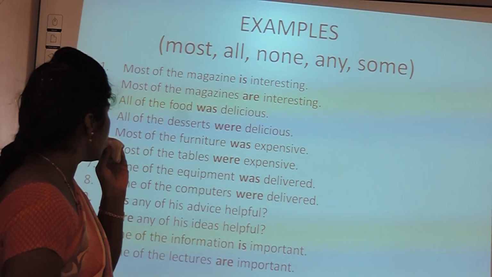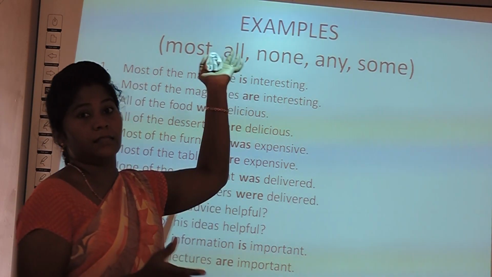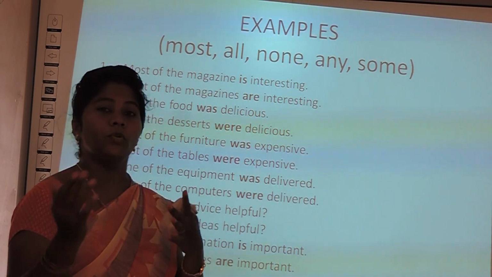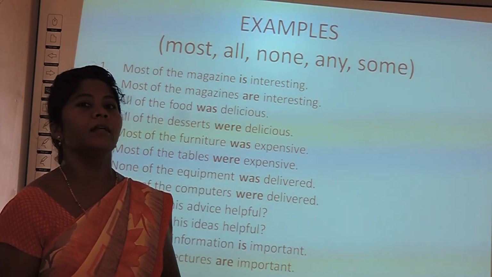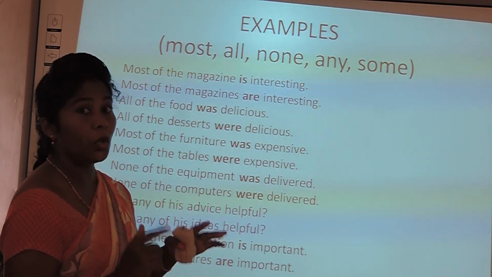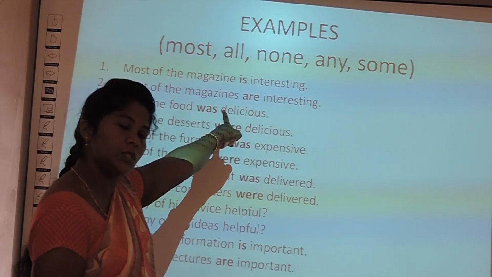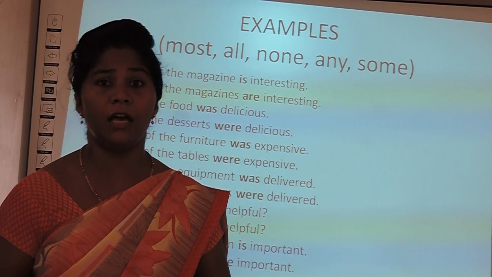Now in the first sentence, the word magazine is countable. When it is uncountable, it's directly singular. No need of thinking about that. But when it is countable, you have to look into it. You have to decide if it's singular or plural. On that basis, you are going to finalize the verb.